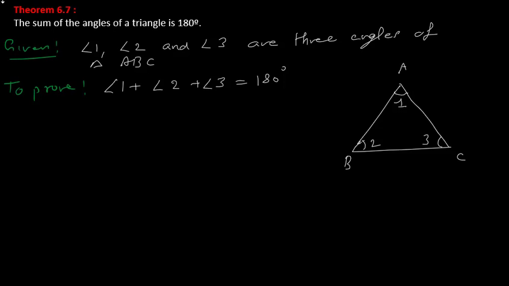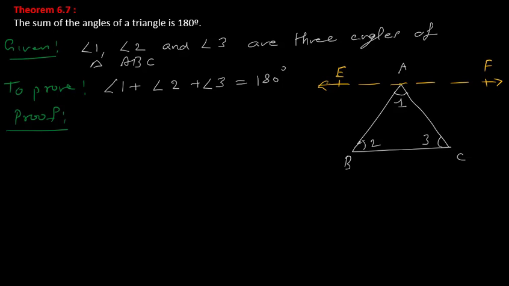Now proof. In proof, we do a small construction. Here we will draw one line which is going to be parallel to this BC. Let us name it as EF.